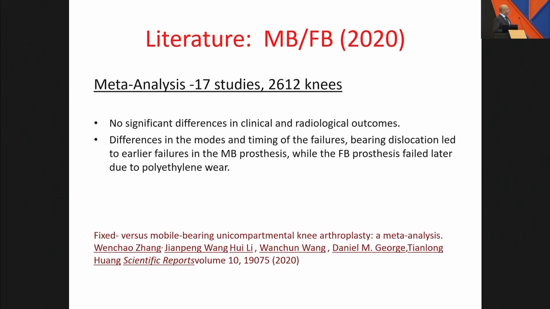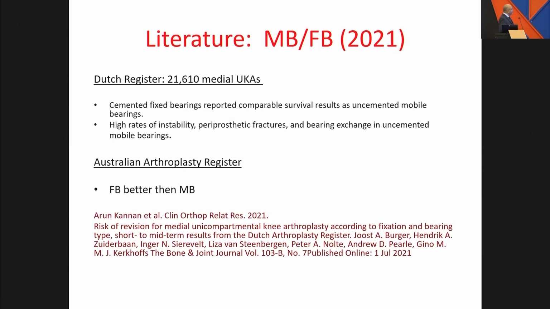Then next year, 2020, meta-analysis, 17 studies, 2,612 knees, no significant difference in clinical and radiological outcomes, but there was a difference in modes and timings of failures. Bearing dislocation led to early failures in the mobile bearing prosthesis, while the fixed bearing prosthesis failed later due to poly wear. So it's kind of a flip of a coin whichever you choose.